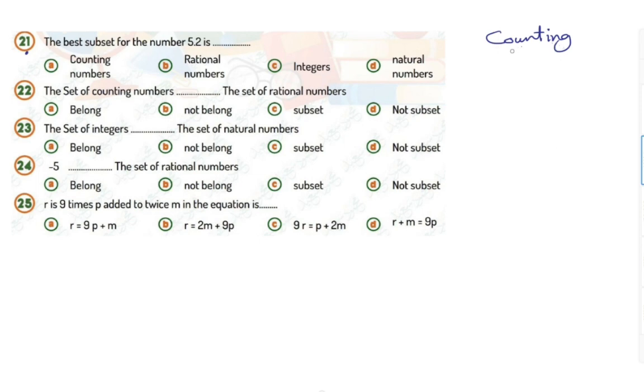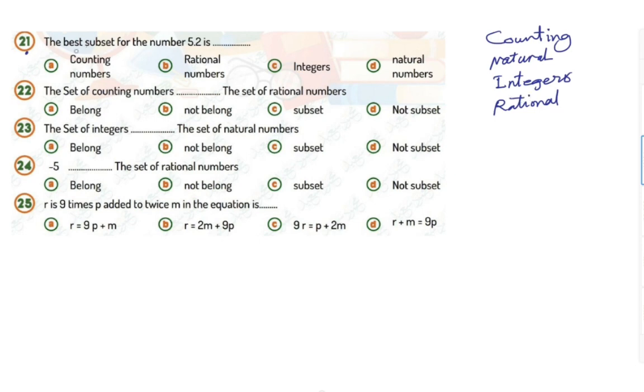The smallest group is counting numbers, then natural numbers, then after natural we have integers, and then we have rational numbers.